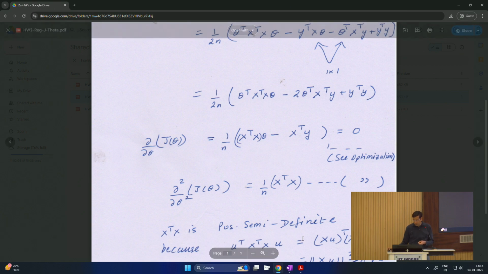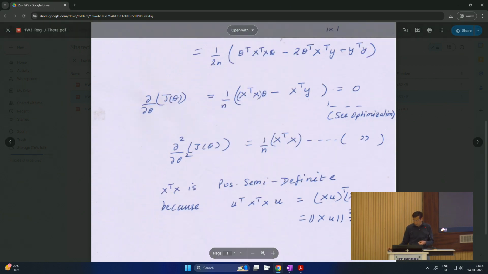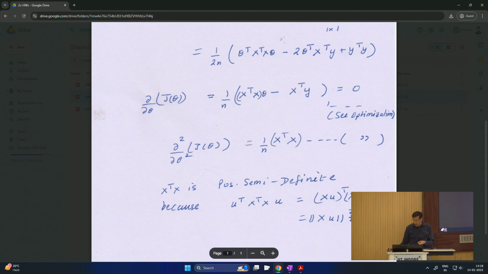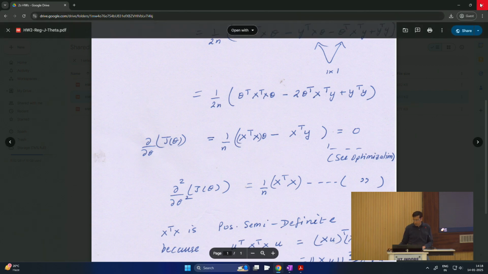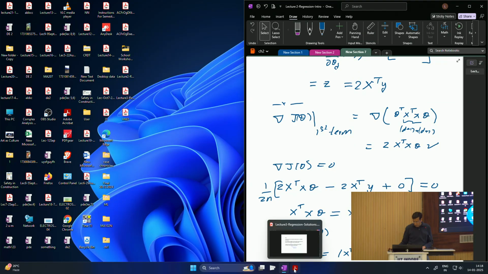You multiply with a non-zero vector u from left and right, and you get that it is greater than or equal to 0, so hence it is positive definite. So it is a minimizer, independent of the point, so it is a convex function and a global minimizer. But I'll work this out and go over it again tomorrow, just so that the chain of thought doesn't stop.